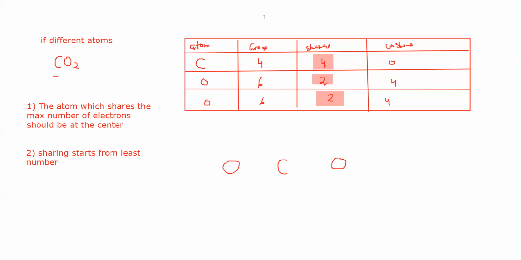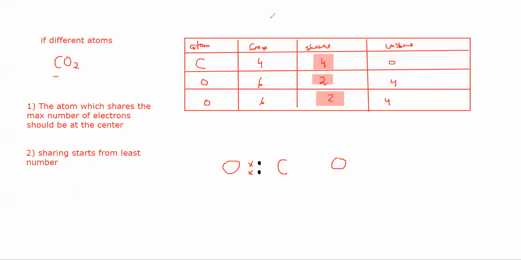Means we'll draw the electrons for that atom first. For example, oxygen is sharing the least number. So if this oxygen shares 2, the other atom, look, carbon can share a maximum of 4, but from this side carbon cannot bring 4 electrons, because if oxygen is sharing 2, the carbon will also share 2 from that side.